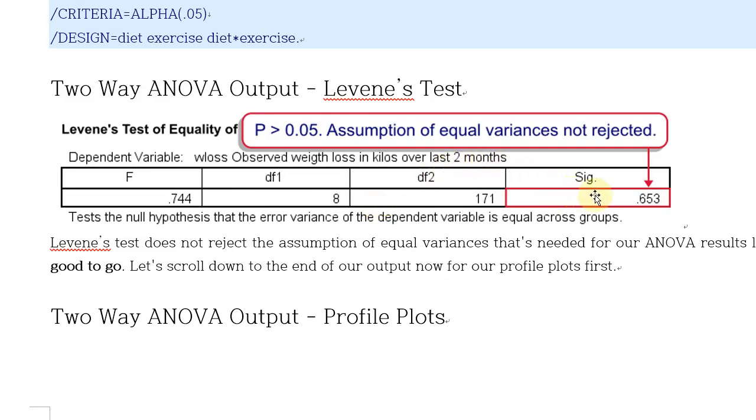Anyway, in this result, okay, the significance, the p-value is over 0.05, meaning that Levene's hypothesis is not rejected. What is Levene's hypothesis? Levene's hypothesis is that each group's variance is similar, right?